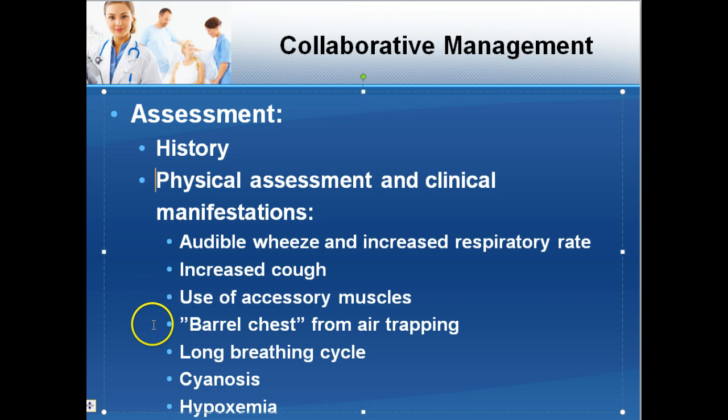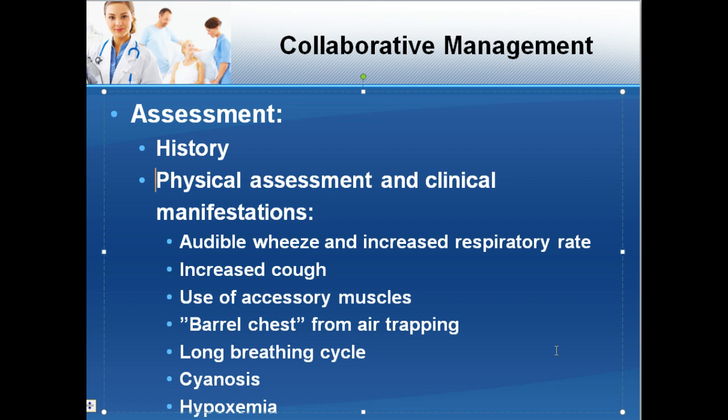Usually, there are several types of physical manifestations. This will be really important for you to make an assessment. I want you guys to take note of this. There will be audible wheezing and increased respiratory rate. You're going to have an increased cough. You're going to see them use their accessory muscles, such as the diaphragm, when they're breathing in.